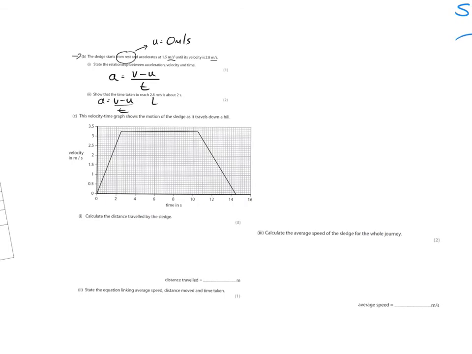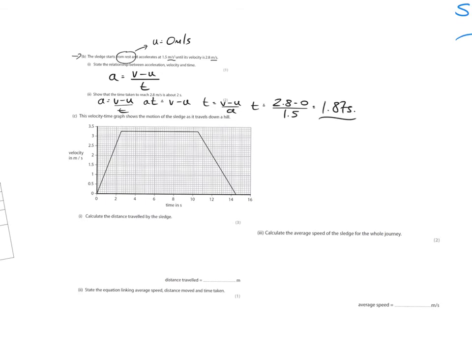So if we do it in 2 steps, at equals v minus u, and then t is v minus u over a. So if we put the numbers in, we get 2.8 minus 0, the initial speed at rest, divided by the acceleration, which is 1.5. That gives us 2.8 divided by 1.5, which is 1.87 seconds.